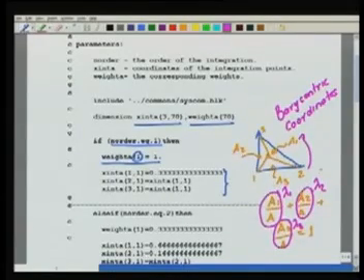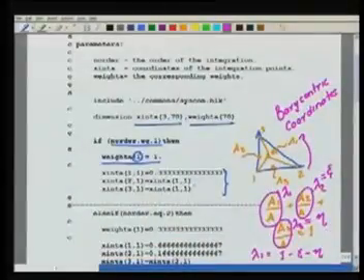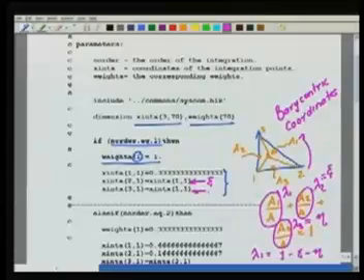So lambda 2 is actually equal to our global psi. Similarly, lambda 3 is actually equal to a global eta, and lambda 1 is nothing but 1 minus psi minus eta. Okay, fine. So it's quite easy to relate these barycentric coordinates to our psi, eta, that lambda 2 is the psi, lambda 3 is the eta. So as far as we are concerned, this is our psi, this is our eta.